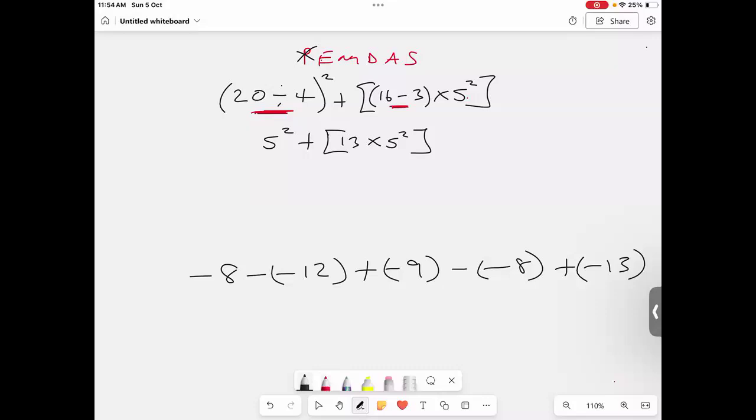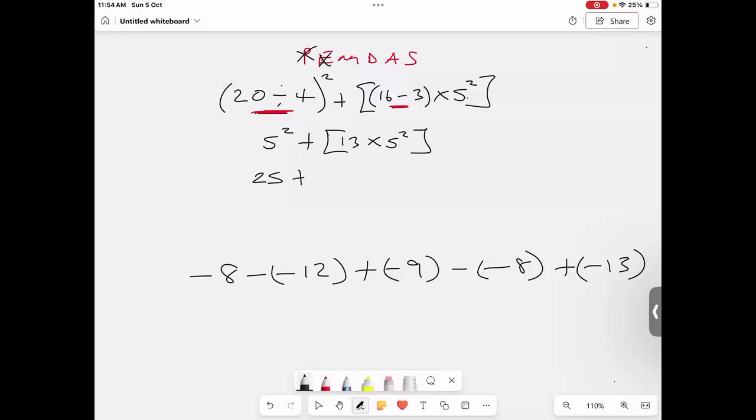All right. Now I'm going to work out 5 squared because that's the E's next exponent. So that's 25 plus. I could have still worked out, because remember that the 13 times 5 squared is still in the parentheses, the 13 times 25. I could have essentially started doing that. But here's what I'm going to do.